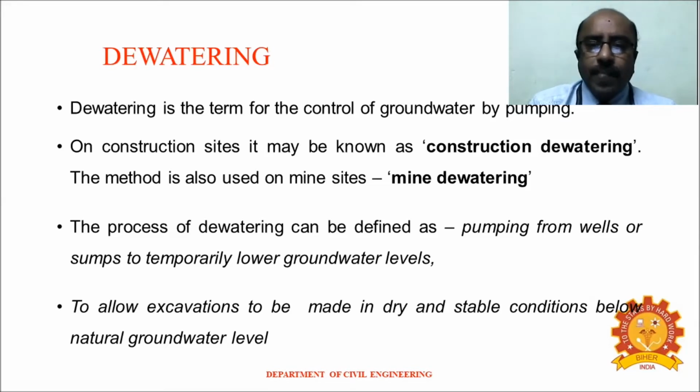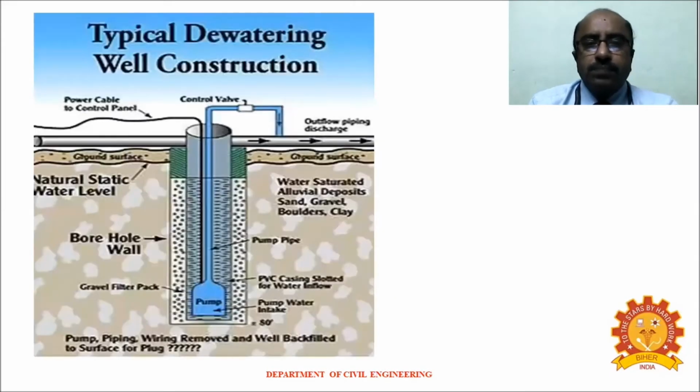So the process of dewatering can be defined as pumping from wells or sumps to temporarily lower groundwater levels. And also, this enables the excavations to be done in dry and stable conditions below the natural groundwater level.